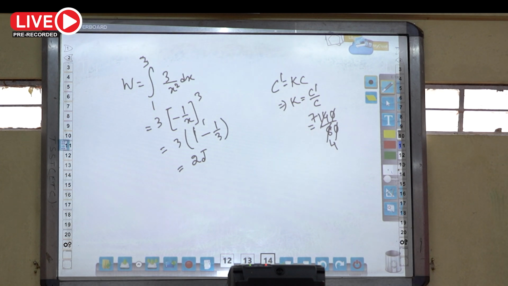Because when a dielectric is filled between the plates of the capacitor, then capacitance increases. So previously C, now it will be C prime, that is K times C.